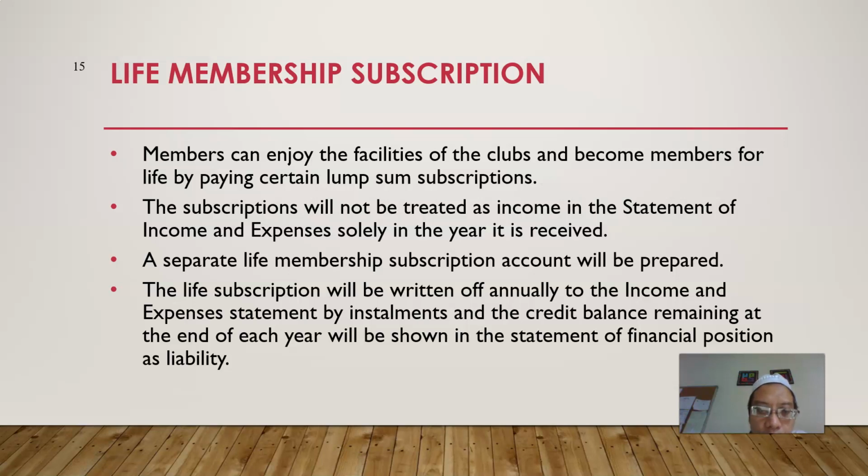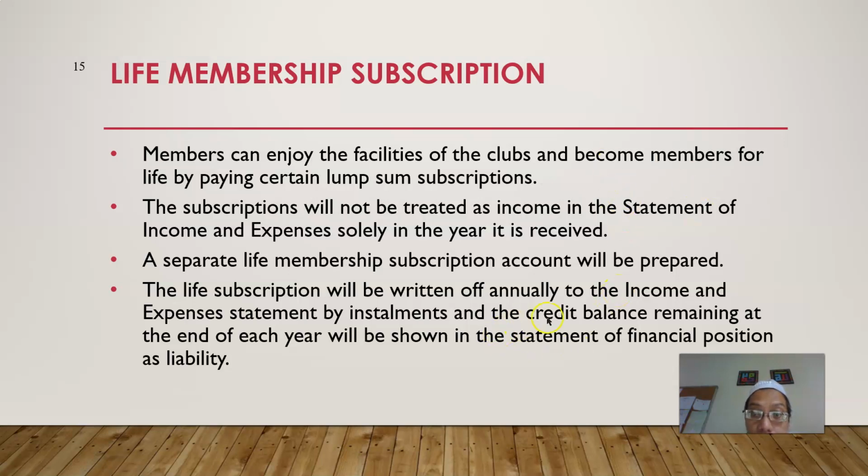A separate life membership subscription account will be prepared for this. The life subscription will be written off annually to the income and expenses statement by installments. Again, because the member has paid for his lifetime, we must spread it out evenly across a certain number of years.